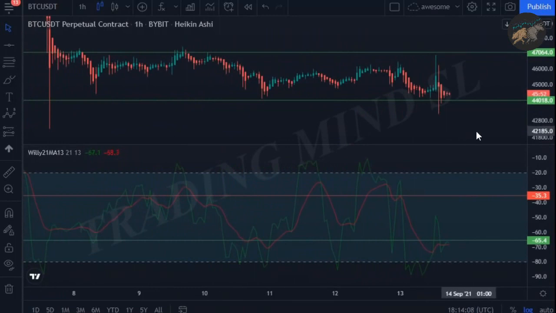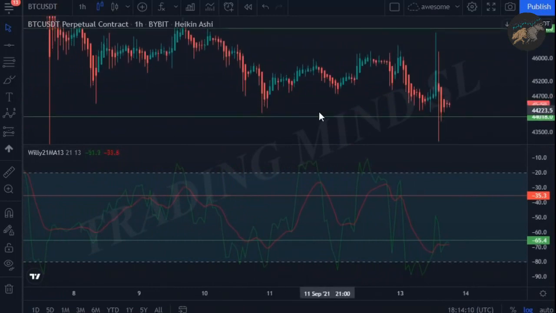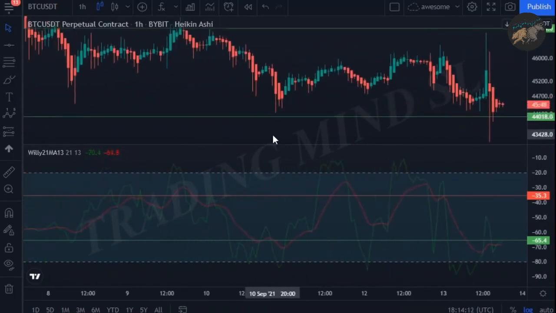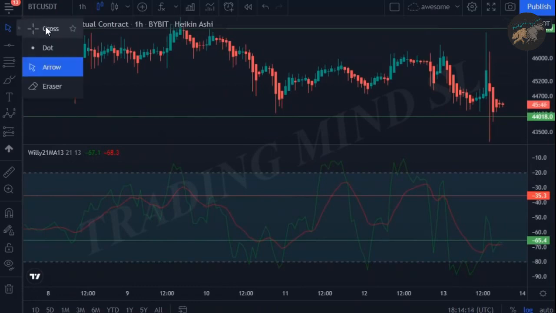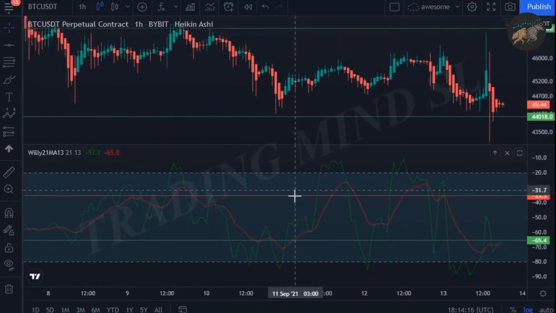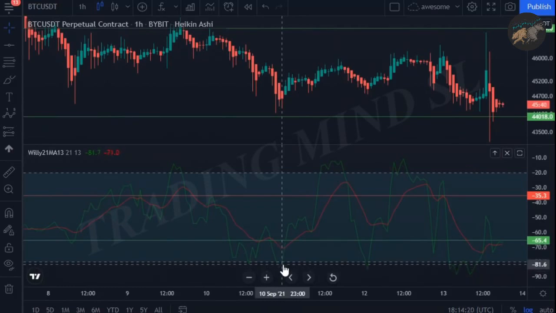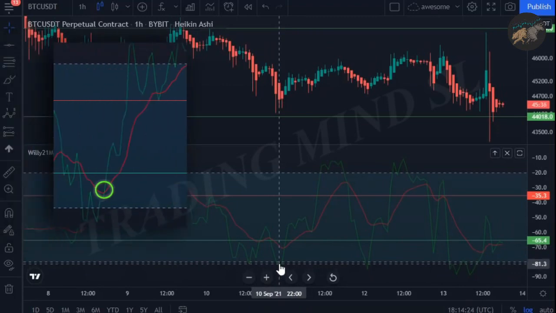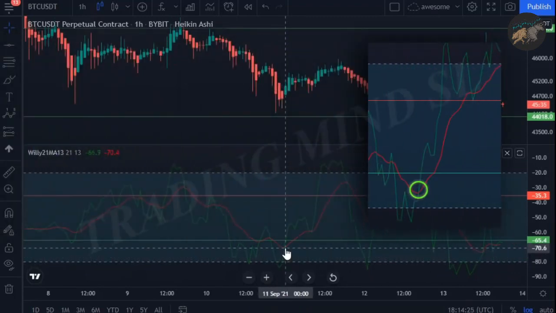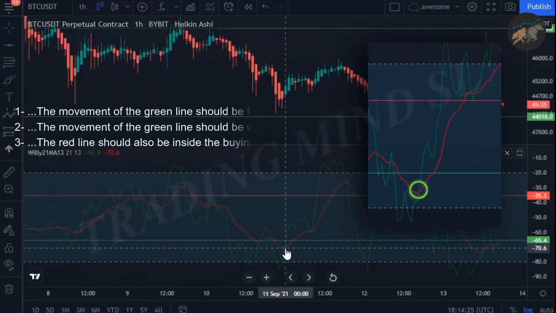Okay, but how do we use this indicator? When the green line and the red line are in the buying zone, this is the signal of readiness. We wait and watch until the green line moves up and cuts the red line. Then we enter. But you should notice the following. 1. The movement of the green line should be from bottom to top. 2.